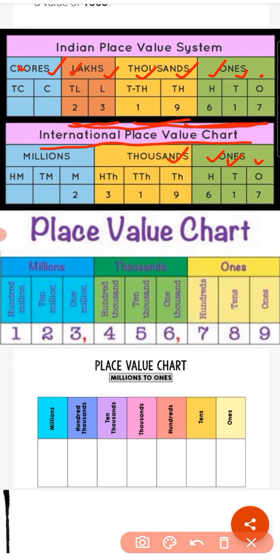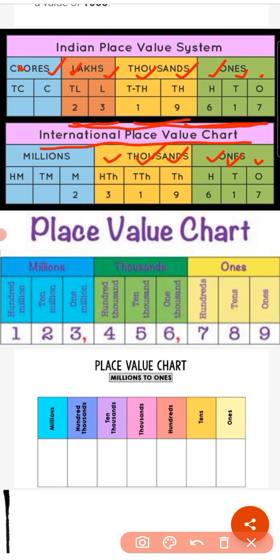Then thousands, 10,000s and 100,000s are in the thousands group. TTH 10,000s and HTH 100,000s belong to the thousands group. The next group is millions.